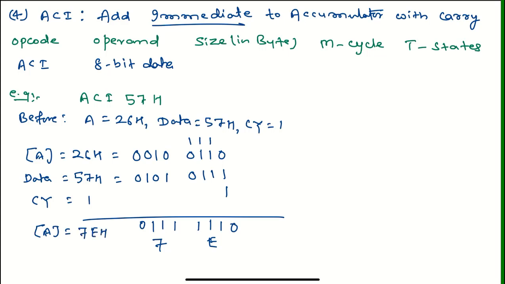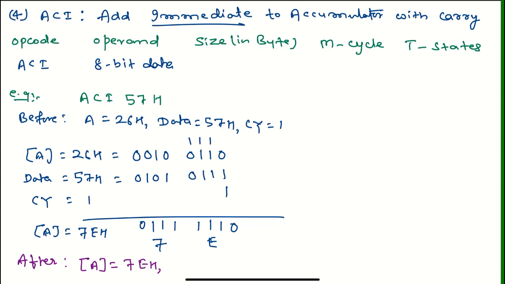So now after performing this instruction execution, what will be the content here? So this accumulator content will become 7EH and data it will be as it is and carry will be modified as per the result obtained.